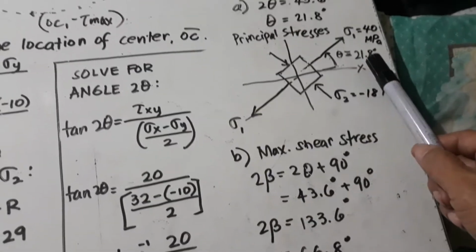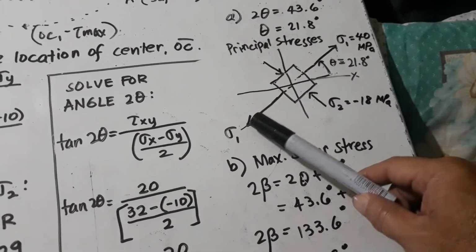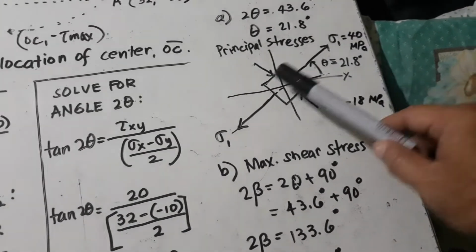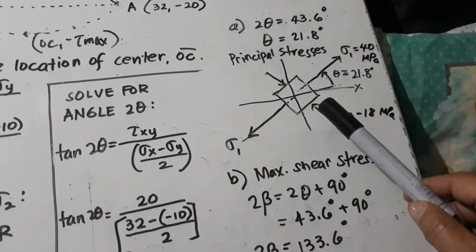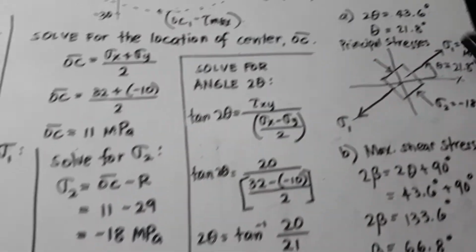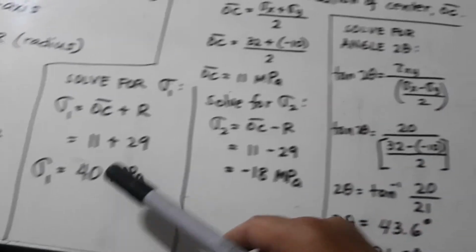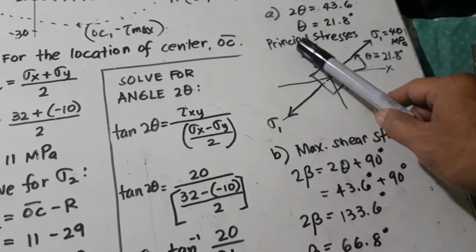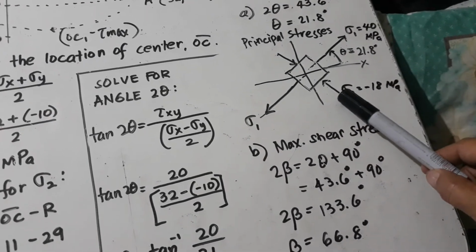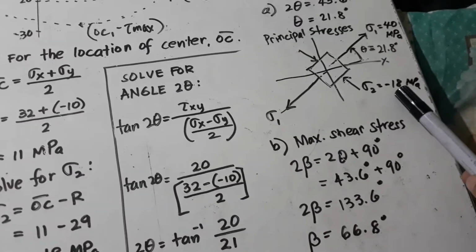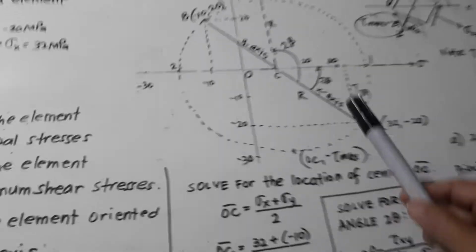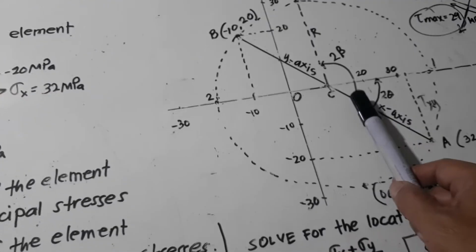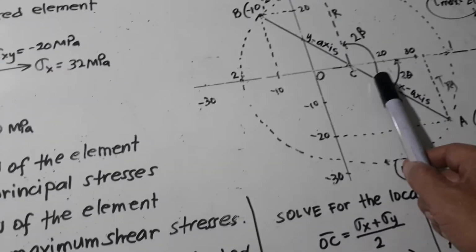So we have 21.8 degrees. Draw a line there and draw an element having sides parallel and perpendicular to that line. Sigma 1 is already solved, 40 megapascals, and 90 degrees to that is sigma 2, which is negative 18 megapascals.